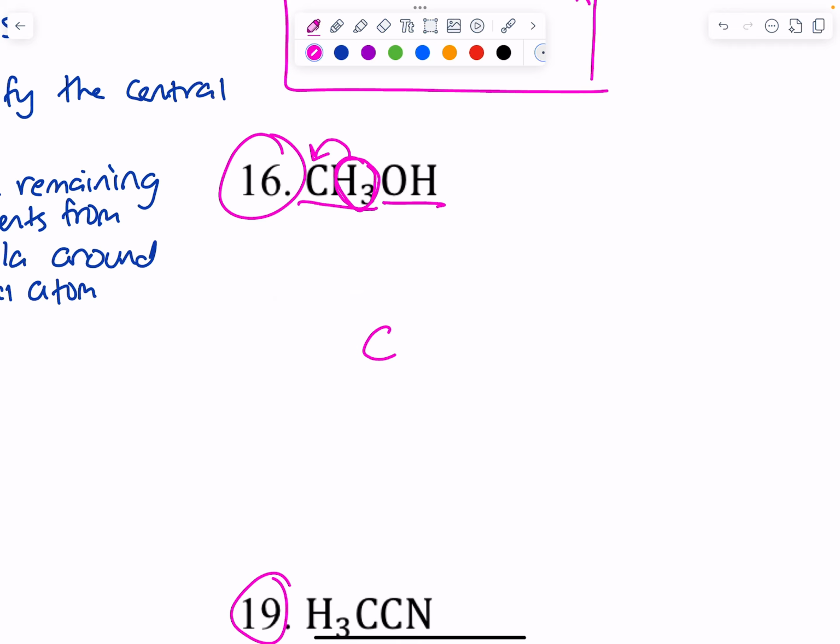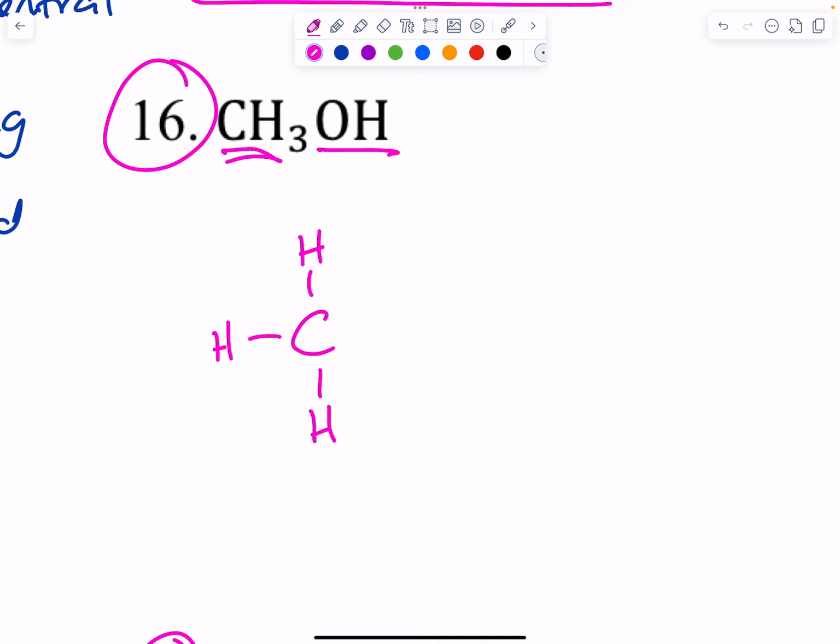So 1, 2, 3 hydrogens. This is CH3. We just drew half of the molecule. CH3, 3 H's attached to my central atom.